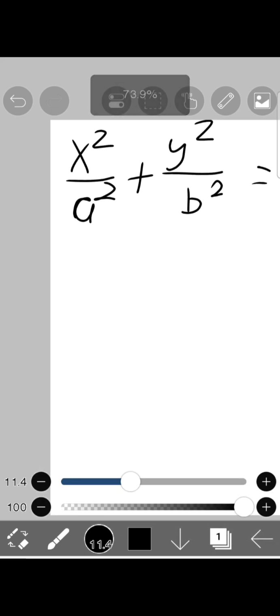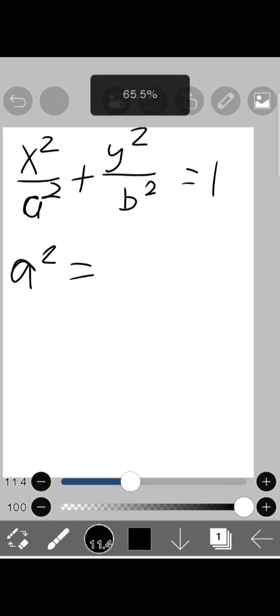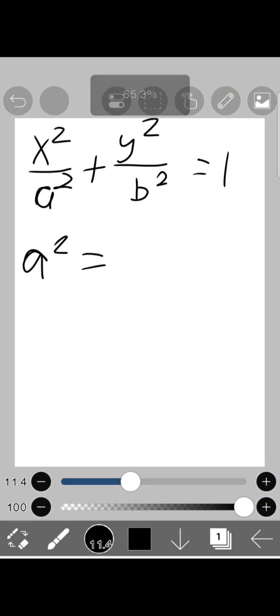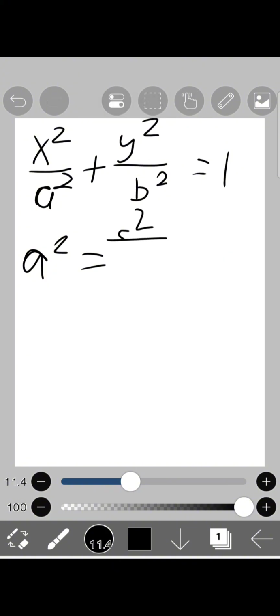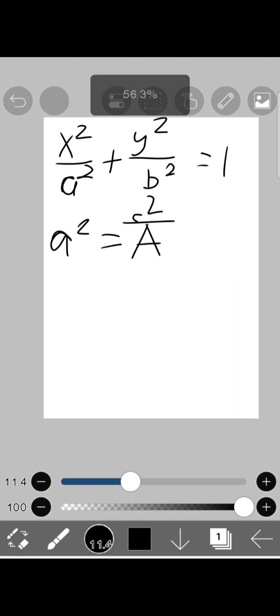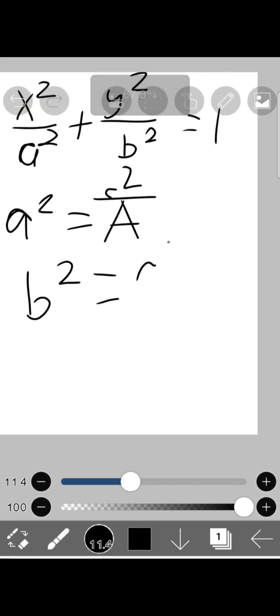Our a squared, we represented as r squared all over a. And then we represented b squared with r squared all over b.